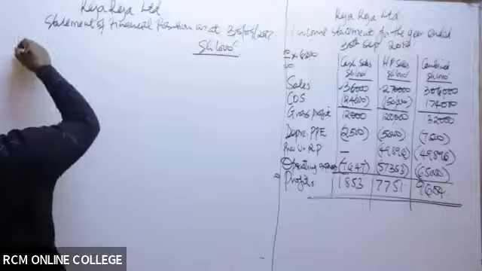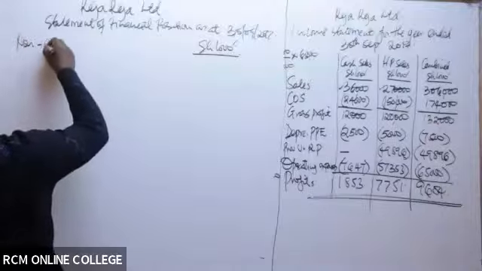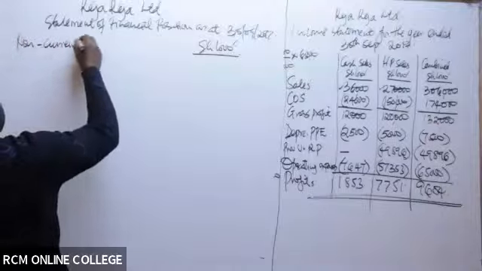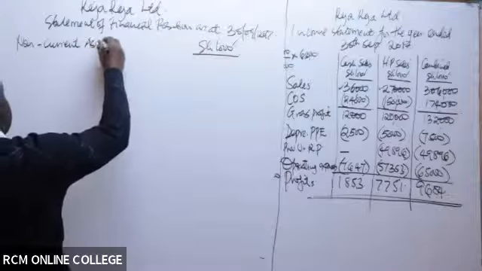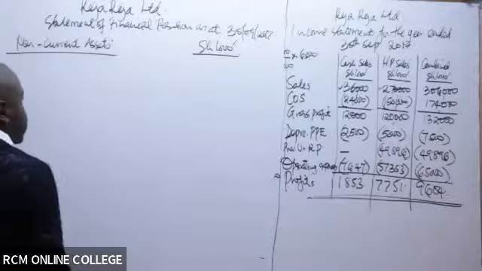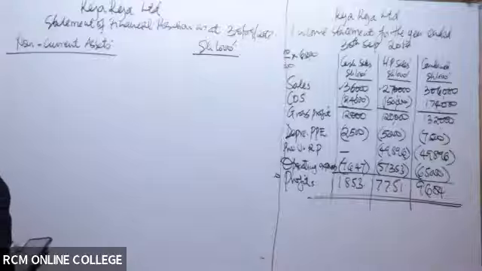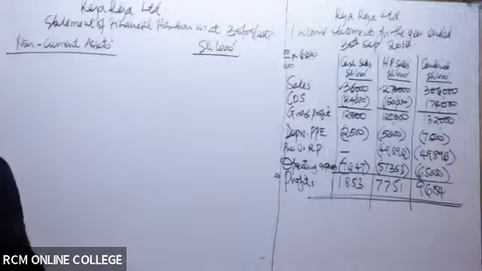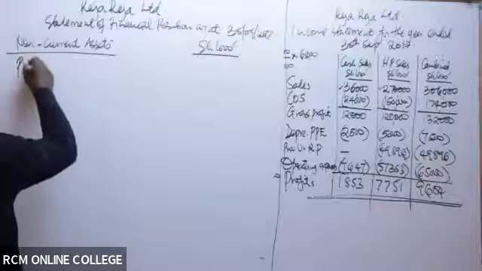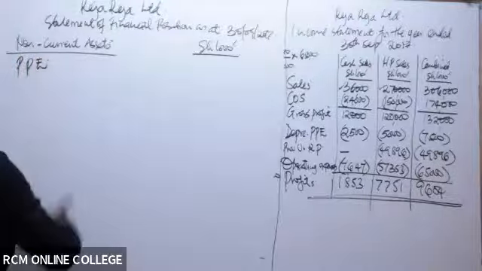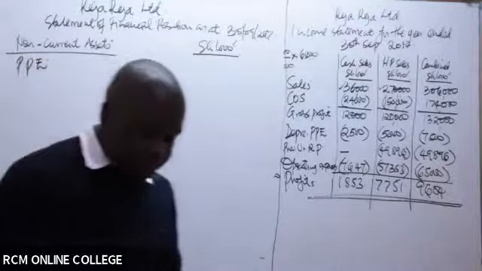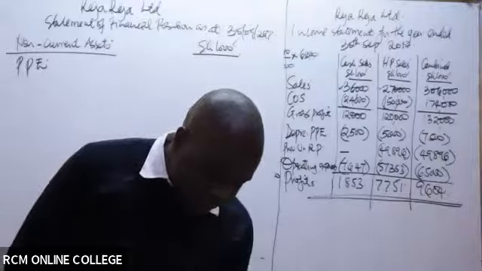So we start with the non-current assets. The non-current asset you can see there is predominantly what? Property, plant, and equipment. For property, plant, and equipment, the cost there was actually 50,000.